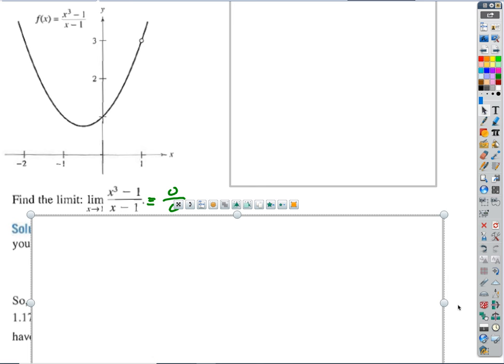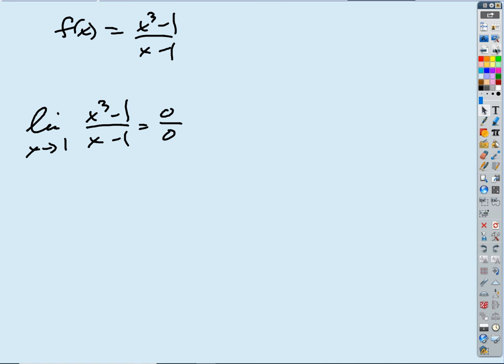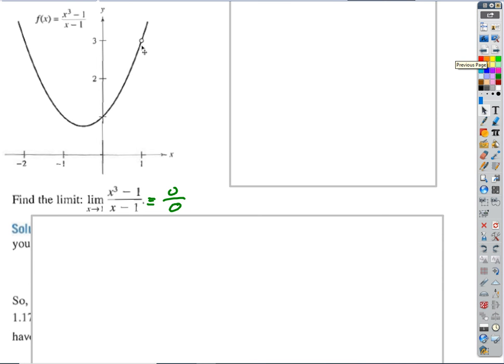There's the function x cubed minus 1 over x minus 1. If I graph it, it looks like a parabola with a hole in the function. What could I do to come up with a function that fills in that hole? That's going to agree with this function every place except at that one point.